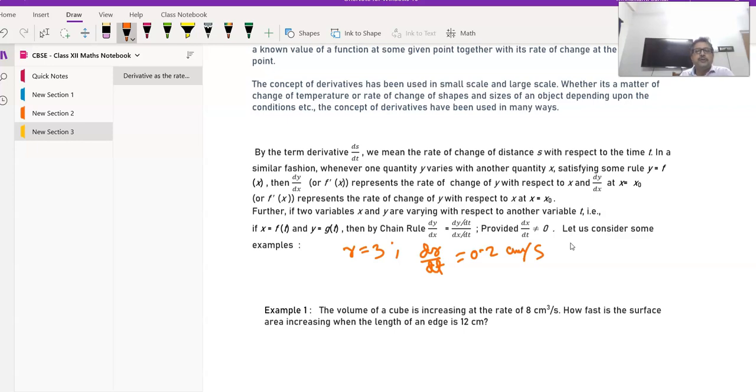Okay, so radius is given, rate of change of radius is also given. Your problem is to find the rate of change of area.